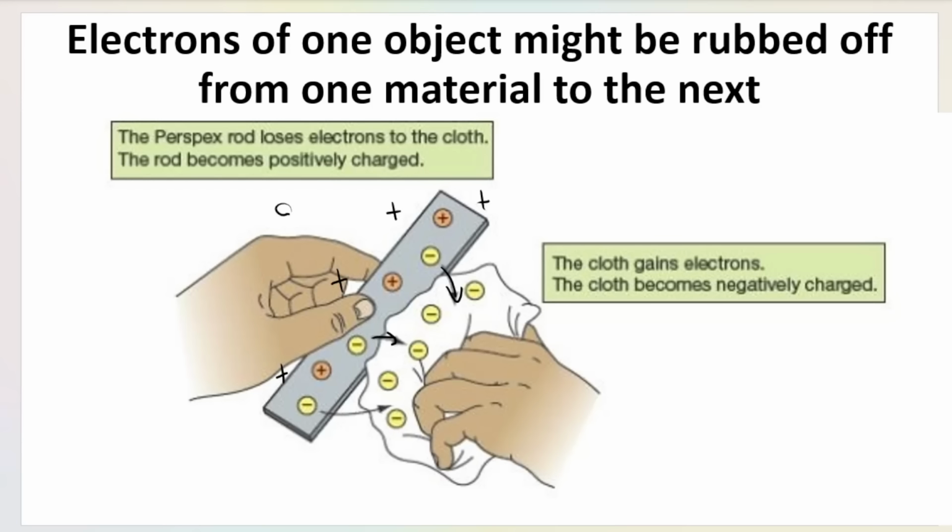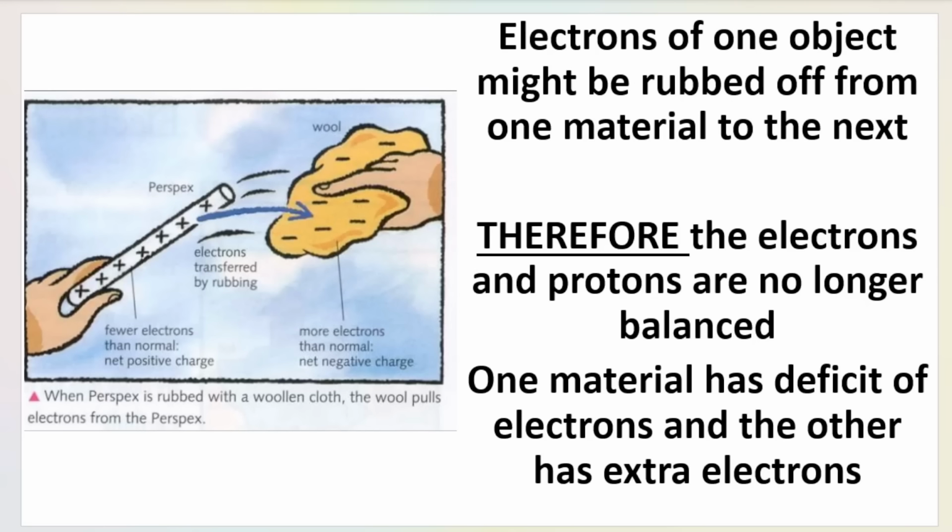It'll have a deficit of electrons because the electrons have left, which means that it'll have a positive charge. The cloth gains electrons, therefore it'll have an excess of electrons and it'll become negatively charged. Okay, so that is how it works. The electrons and protons will no longer be balanced.